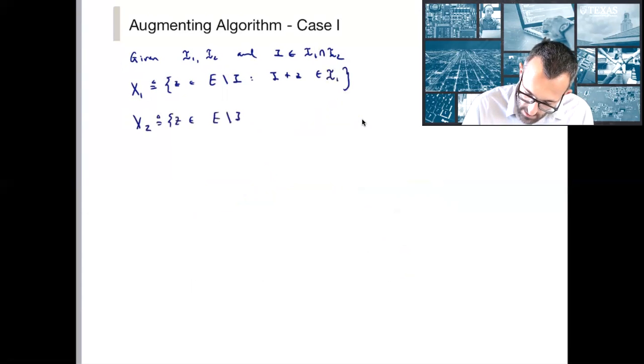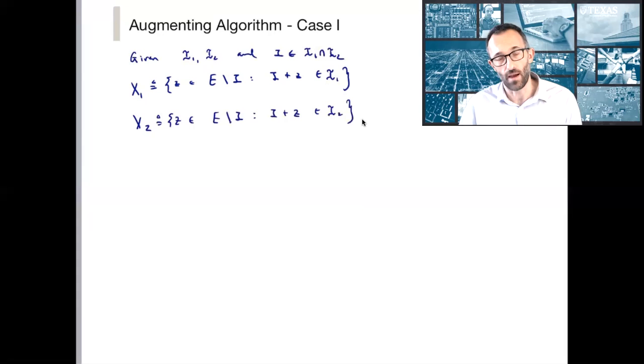So again, it's every z on the right where I could add that to I and end up with an independent set of I2.